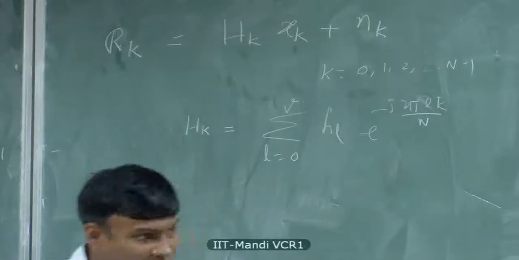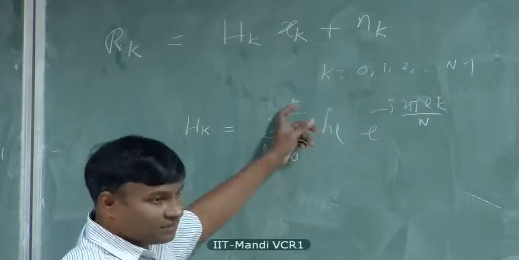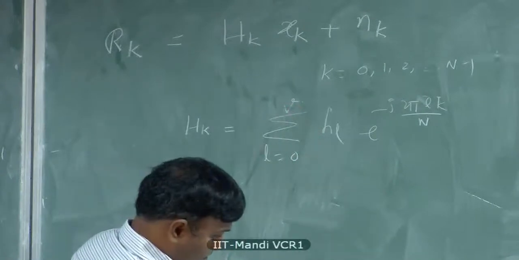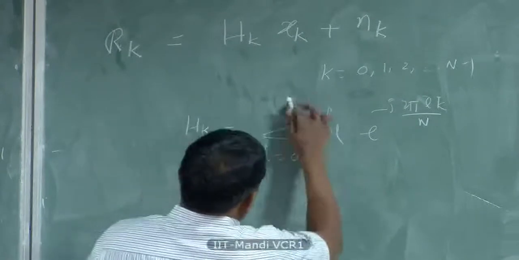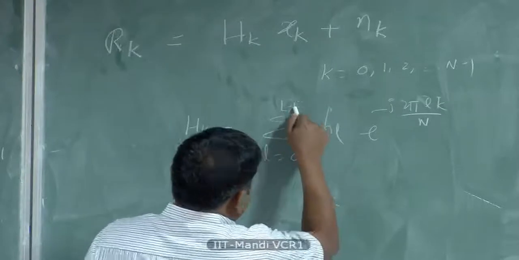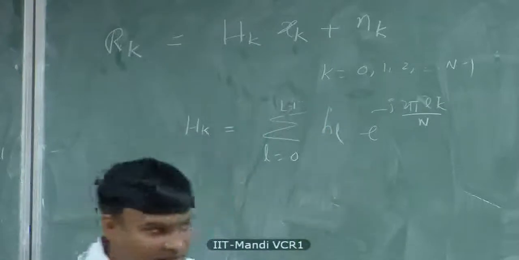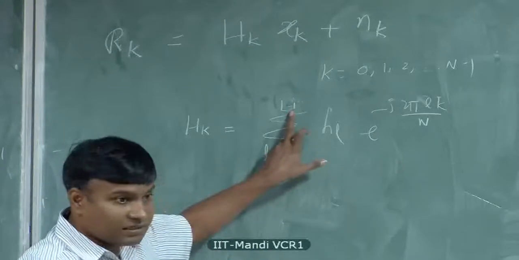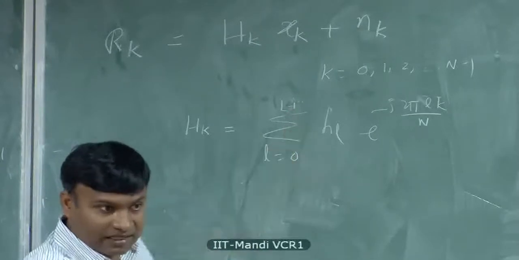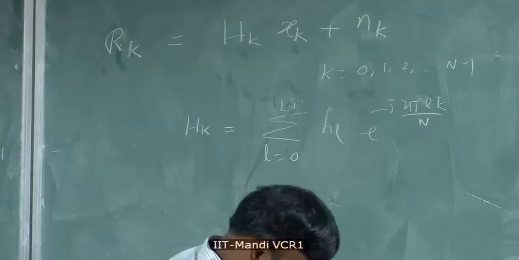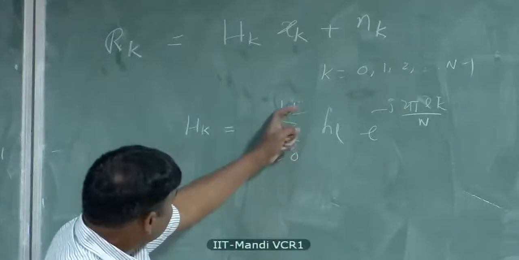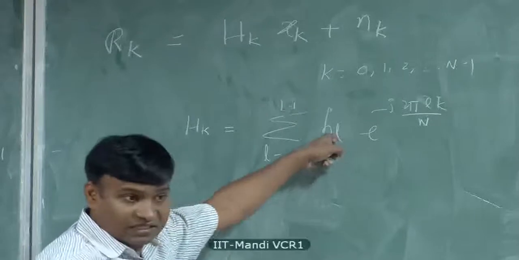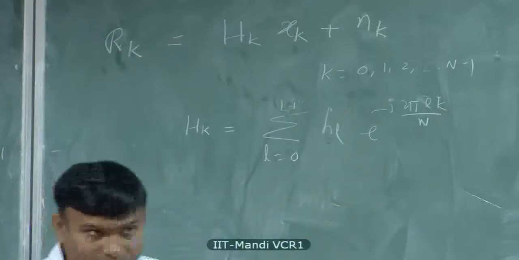Whatever is the length of the channel. V was the original channel length, but here we would call it L minus 1. That is the memory we said. Total channel length is L. So 0 to L minus 1. You can keep it to N minus 1 also, and then assume that some of the h[l]s are zeros. Okay?